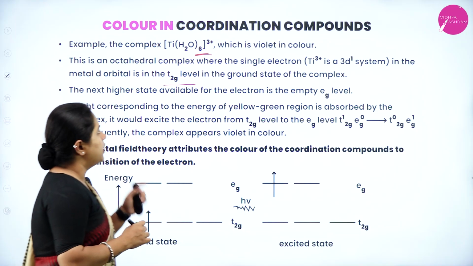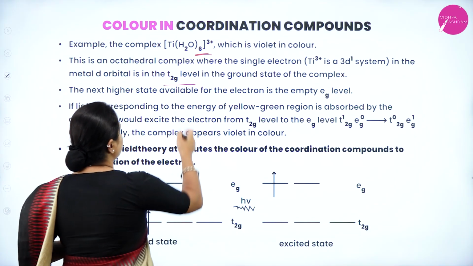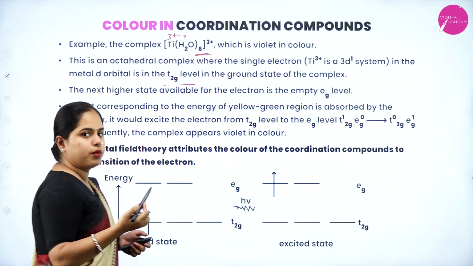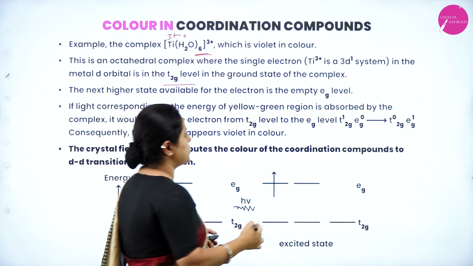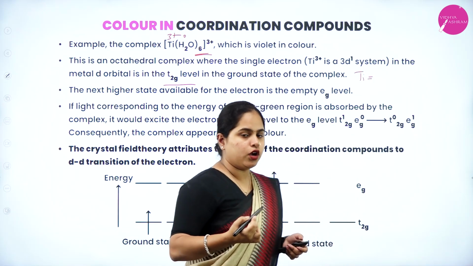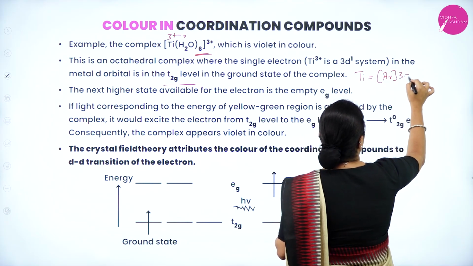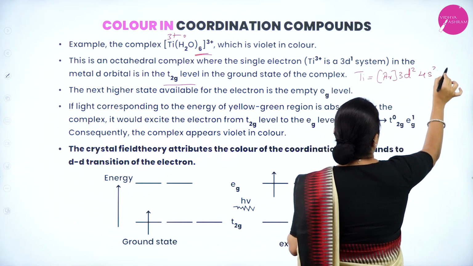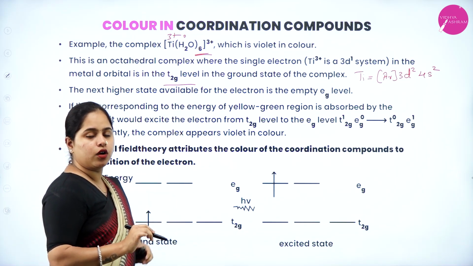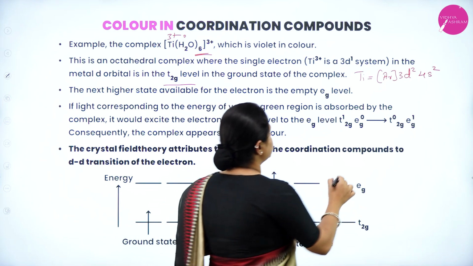So what does that mean? Titanium. What is the oxidation number of titanium here? Aqua is neutral. So of course the oxidation number of titanium will be 3+, right? The electronic configuration of titanium will be argon 3d2 4s2. So in this particular complex, [Ti(H2O)6]3+, what is the oxidation state?